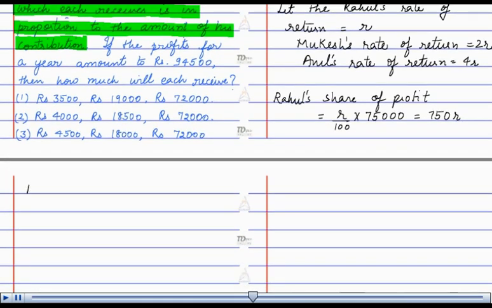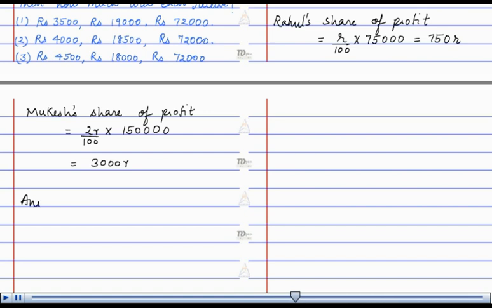Similarly, for calculating Mukesh's share of profit, we will take his rate of return multiplied by the amount that he has contributed, that is rupees 1,50,000, which will give 3,000R. And similarly Anil's share of profit would be given by 4R upon 100 into 3 lakhs, which is 12,000R.